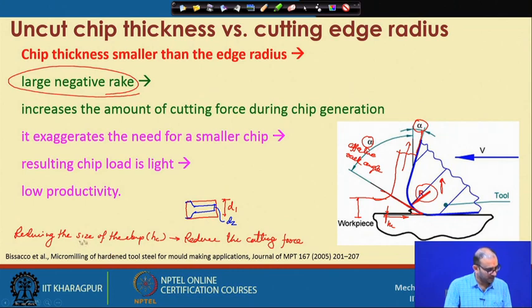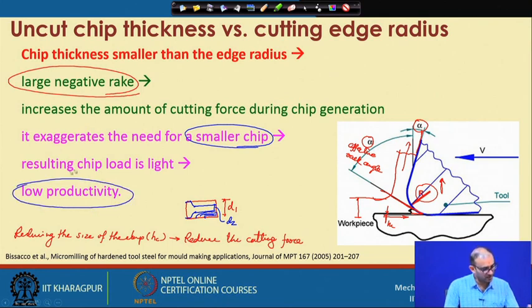So if you reduce your chip load, smaller the chip if you want, then what is going to happen is that you have to do many cuts here. Maybe 3-4 passes you require to reach this diameter. But if you use a very large chip, then within 1 pass or 2 passes you can cut the same amount of material. So your productivity is very low in this particular case if you follow this part.